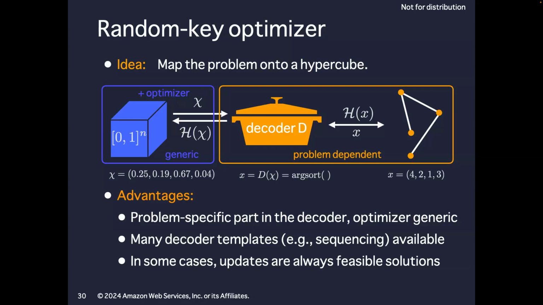And the cool thing is that for certain cases, for example, here for this traveling salesman problem, every new configuration that the decoder spits out will always be in the feasible space, meaning that you don't have to bake in constraints via penalty terms. Every update is taken care of by itself, and so you will only move within the space that is allowed and never get out of the feasible space. And that's the huge advantage of this method.